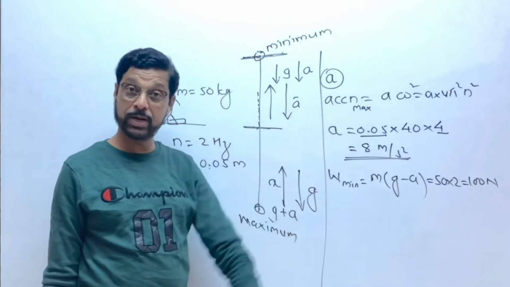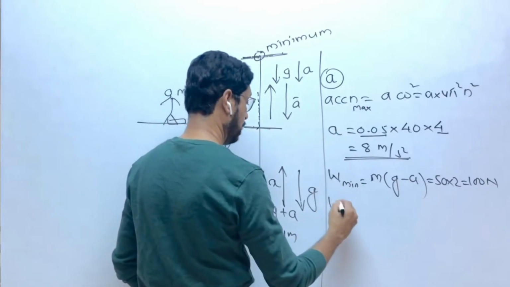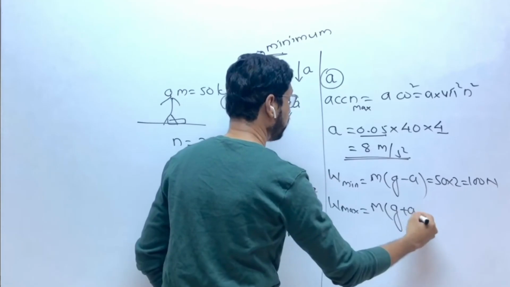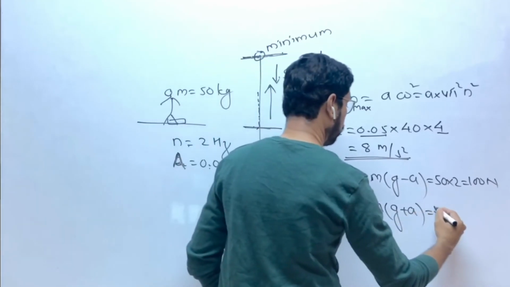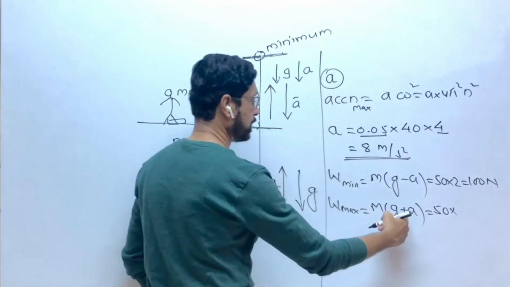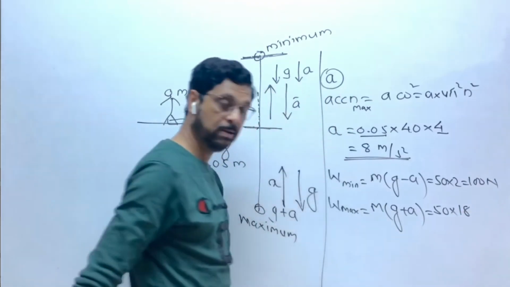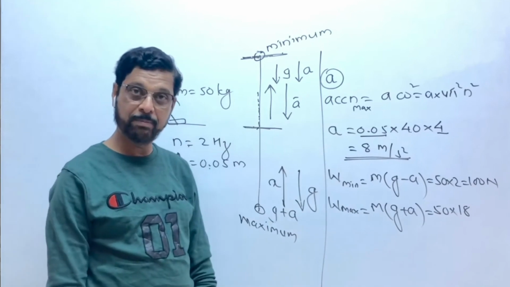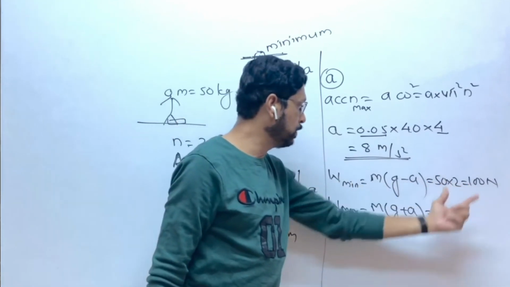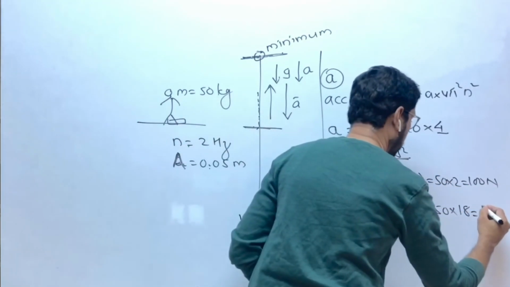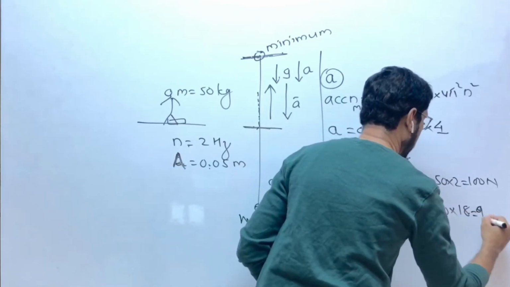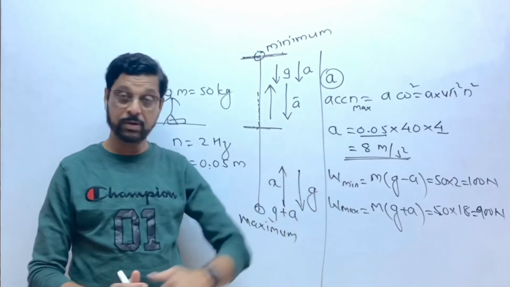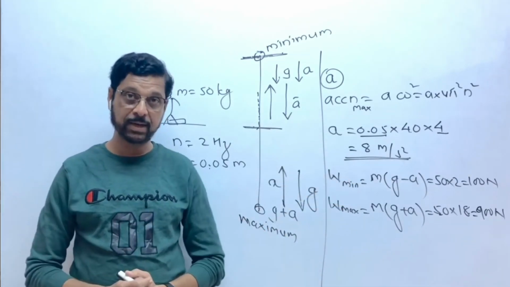That is the minimum weight recorded, and the maximum weight recorded will be m into g plus a, that is equal to 50 into 10 plus 8, that is 18. So that is your maximum and minimum weight. 100 Newton, I'm sorry, I forgot, 900 Newton, approximately. 100 and 900 are the approximate answers.